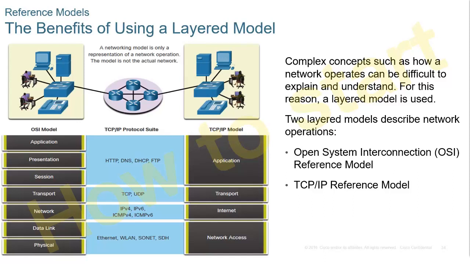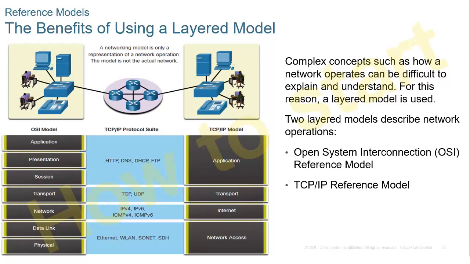OSI has 7 layers: application, presentation, session, transport, network, data link, and physical. And they correspond to the TCP/IP model: application, transport, internet, and network access. So you can compare and contrast the two models.